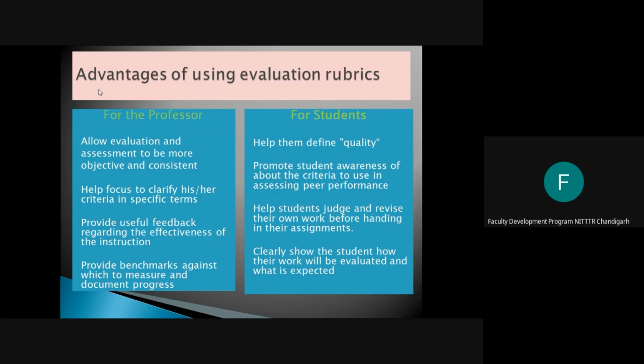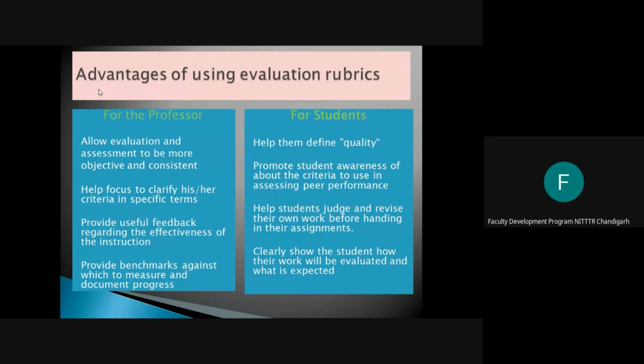There are so many subject areas, and the criteria is different. If I am assessing skill, the criteria will be different. If I am assessing knowledge, the criteria will be different. So here the advantage is that when I am making use of rubric, there is clarity about which criteria is being used.